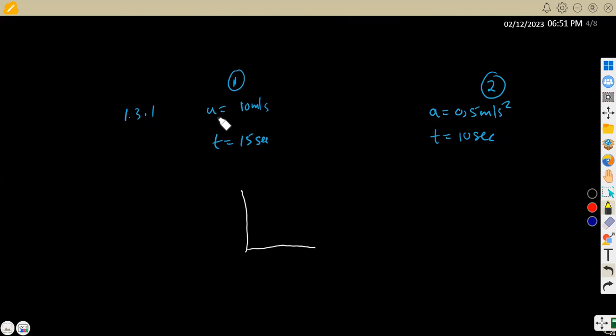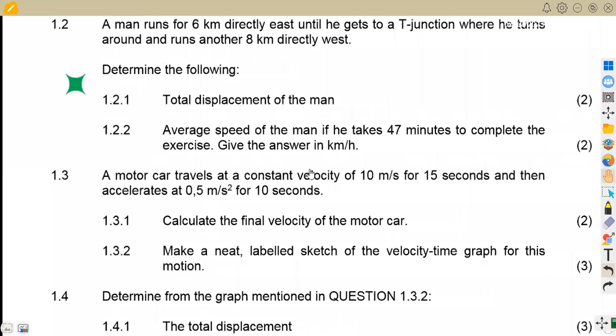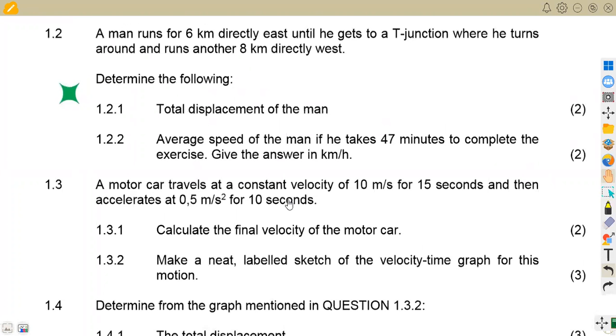Here we are given an initial velocity of 10 meters per second, where the vehicle is traveling at a constant velocity for 15 seconds. So in this case, we are referring to the final velocity. It was supposed to be an acceleration, okay?